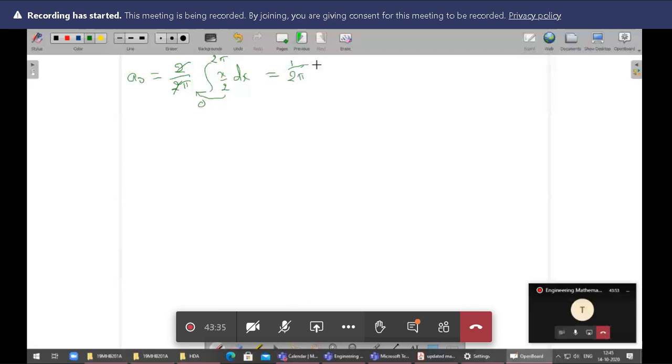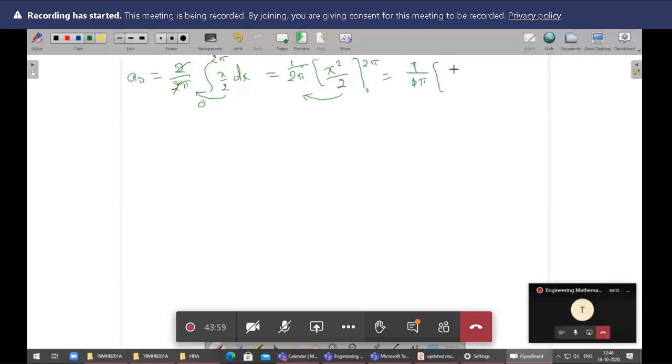That becomes 1 by 2 pi, and integration of x is x square by 2, limits from 0 to 2 pi. Again this 2 I can take outside, so this becomes 1 divided by 4 pi into limits.